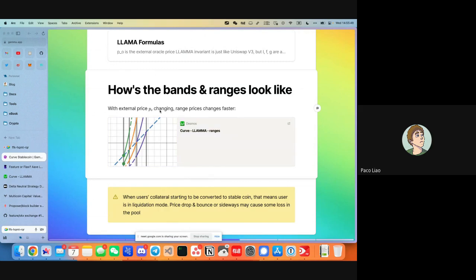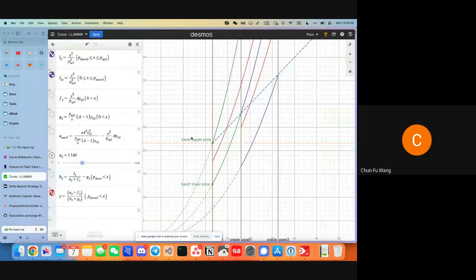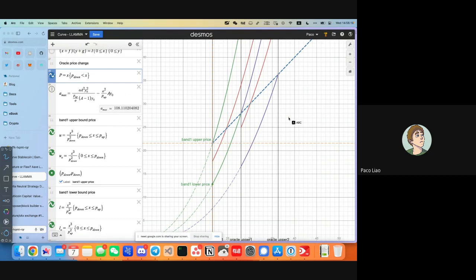Are there any questions so far? When people trade with your AMM, does that change the AMM's price? Yeah, they will change the AMM price, but we can assume that people will trade so that the market price would be around the external price.